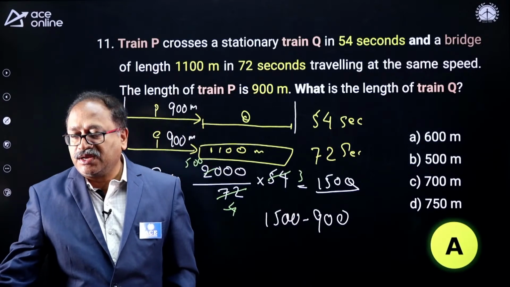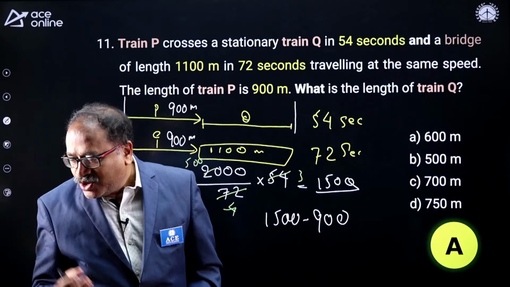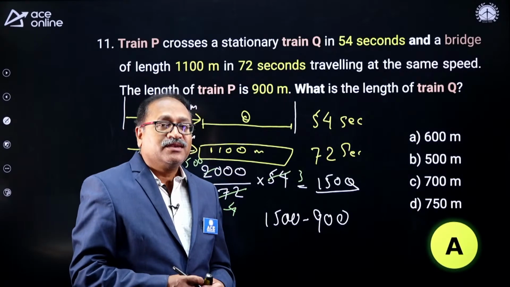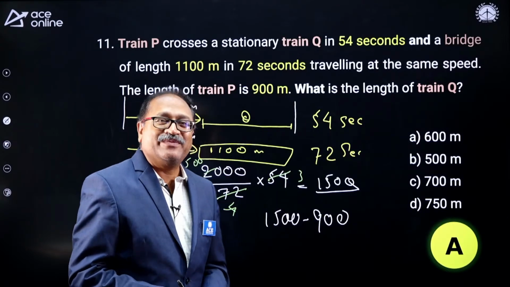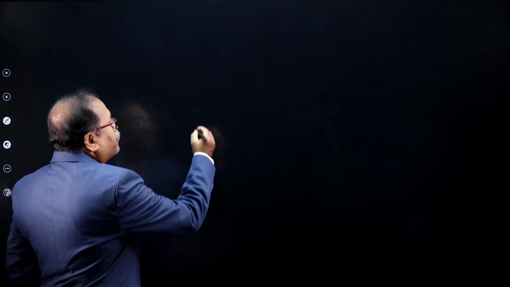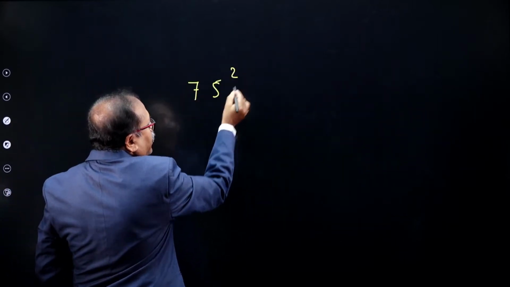So nicely done. We still have some time left, 2 to 4 minutes. Why not use it? Shall I ask one question from Speed Maths? Let my friends answer the question. How do you find the square of a number which ends with 5?